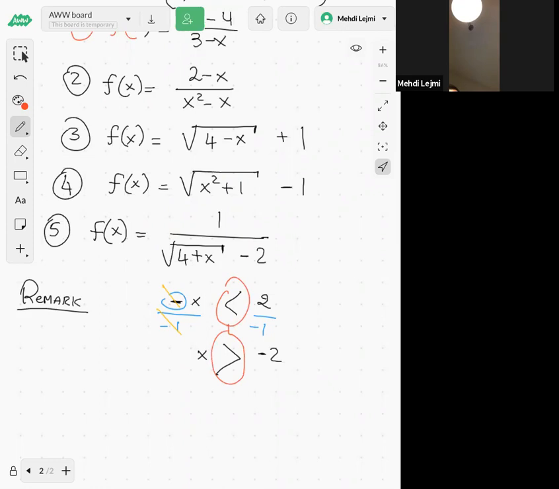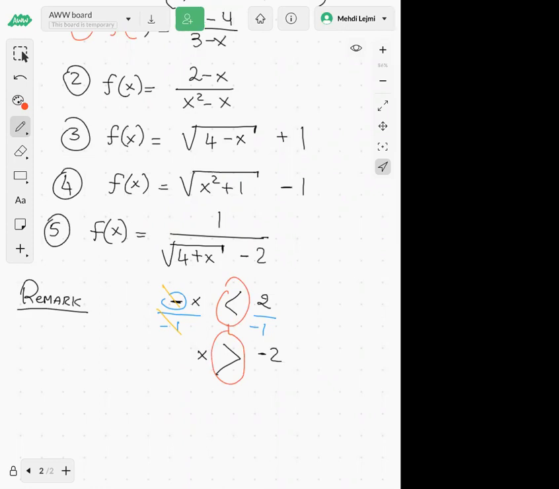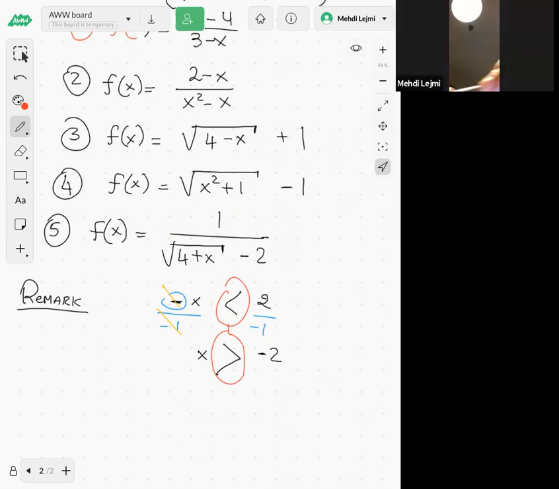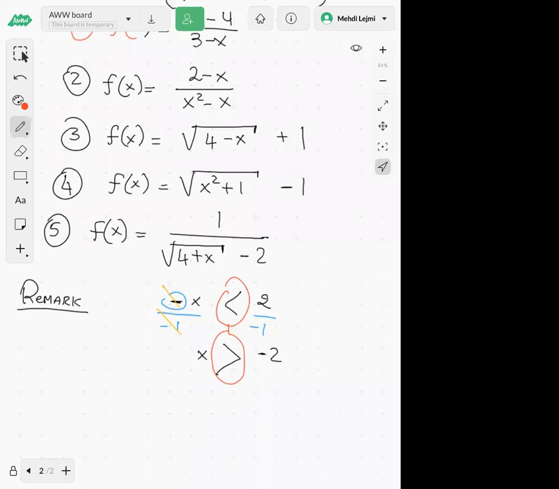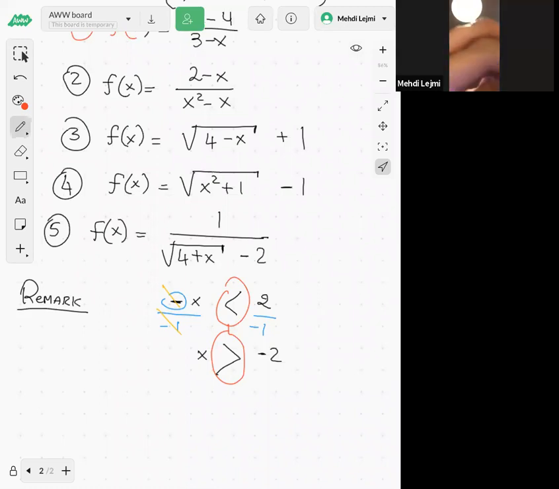If you multiply for 3, wouldn't it be smaller than or less than 4? Yes, absolutely.